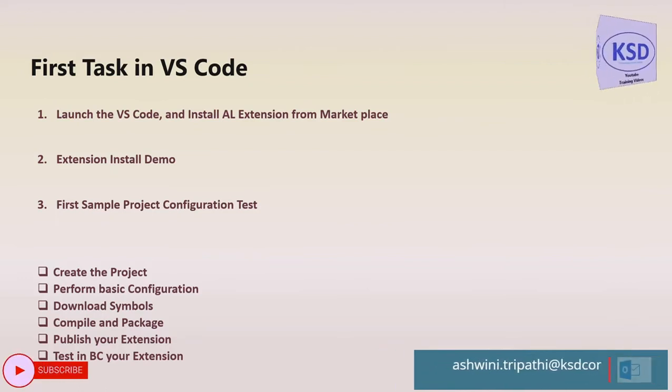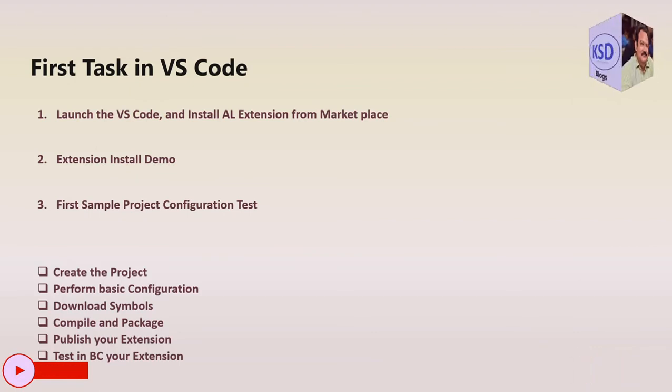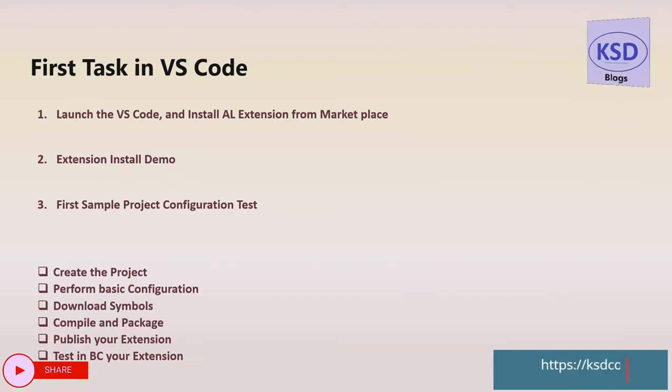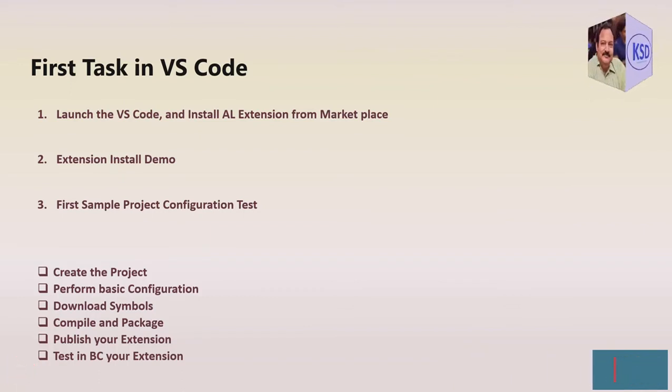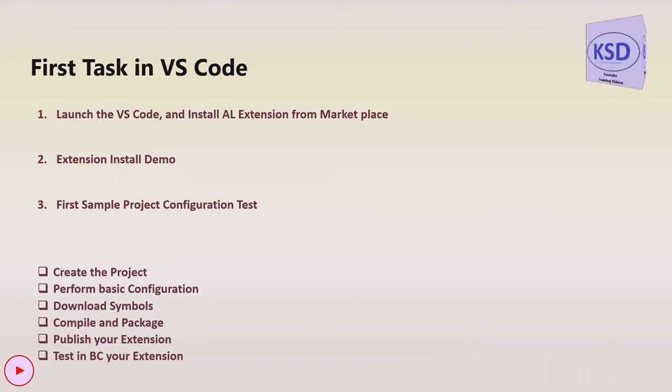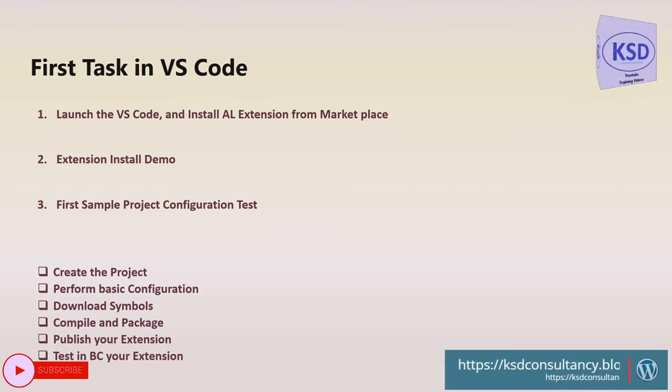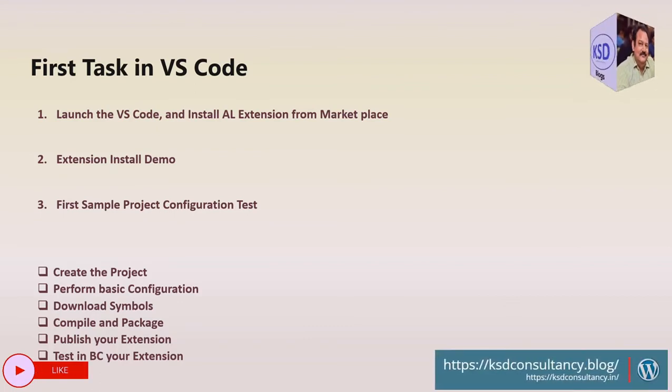These symbols will provide all that information, and your sample project, basically the Hello World, is already there. So you need not write any code. We have to just test the sample.